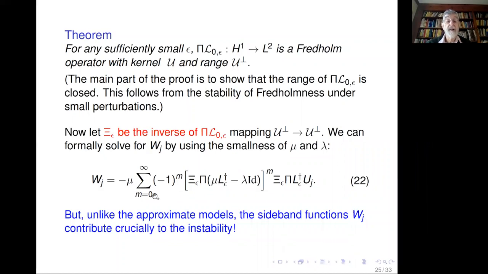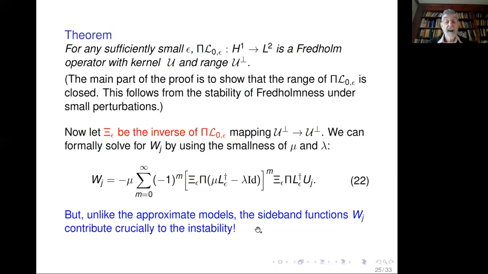So the point is, I'm writing the infinite dimensional part entirely in terms of the four-dimensional part. There's no other vector in here. There's only u_j and lots of operators. It looks pretty awful. So I call these the sideband functions. That's Brooke Benjamin's word that he used back in the 1960s.